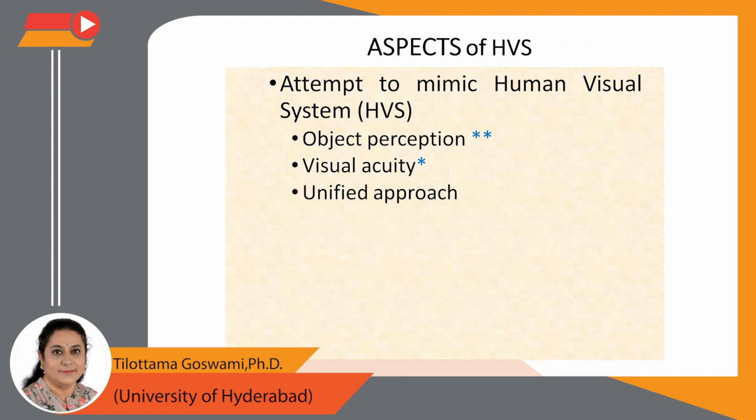The human visual system measures the electromagnetic spectrum ranging from approximately 400 to 700 nanometers, and humans perceive the visible part of the spectrum as color. Color is a pixel feature and texture is an aggregate feature.